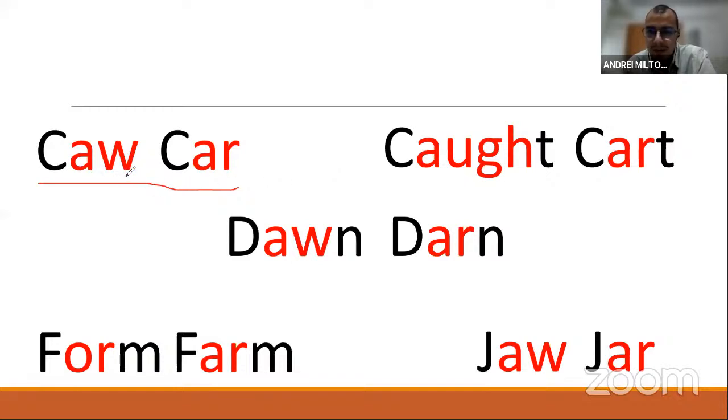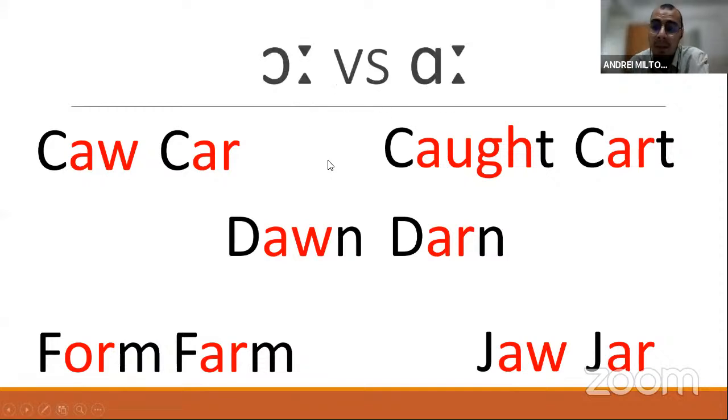The second one is ka, right? And we are learning with the British English, right? So we are not pronouncing the R, right? So it's O and A. Both of them are long sounds. So you have caught, cat, don, dan, form, fam, jo, ja. Okay? Yeah, good. Gargi Ashish.